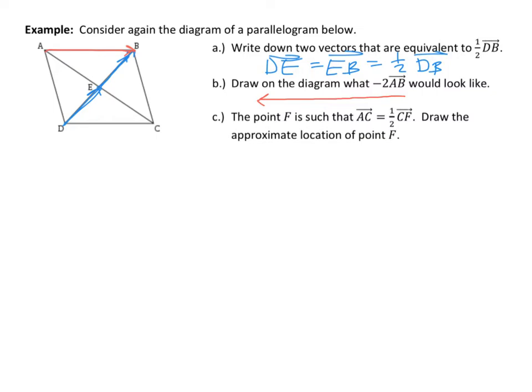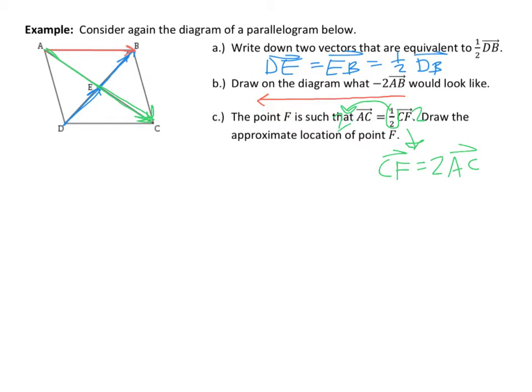Okay, question C for this one. The point F is such that AC equals half of CF. Draw the approximate location of the point F. Okay, so they're saying that AC is half of CF. Another way to write this is that CF is 2 times AC, like multiplying 2 to both sides, right?